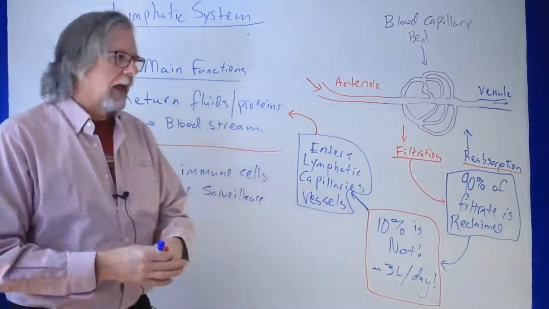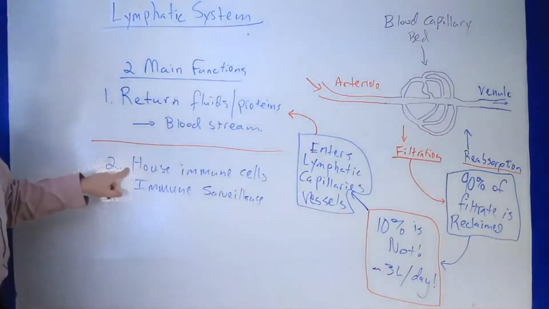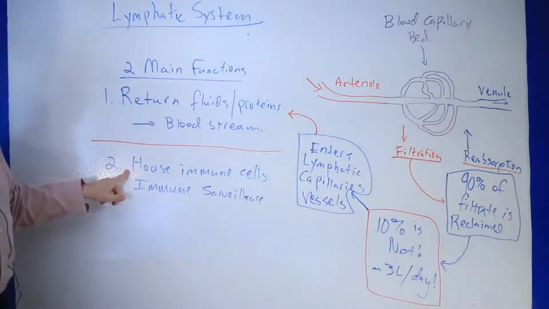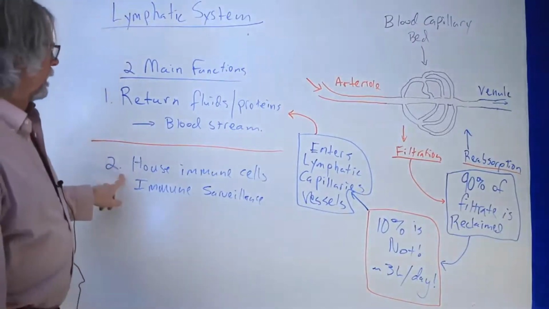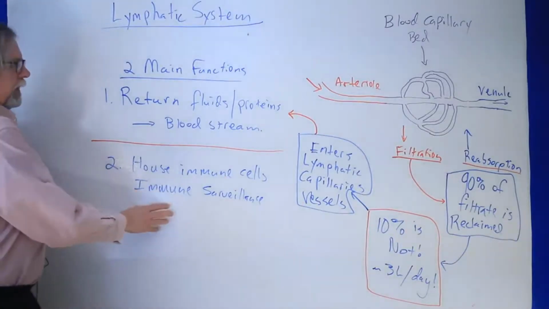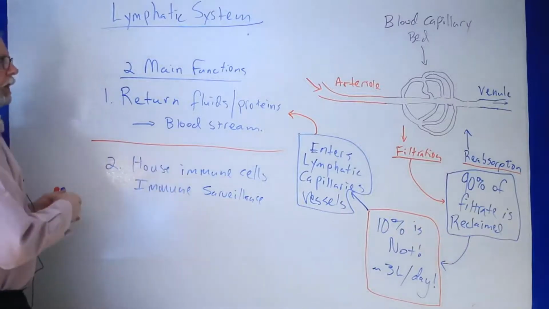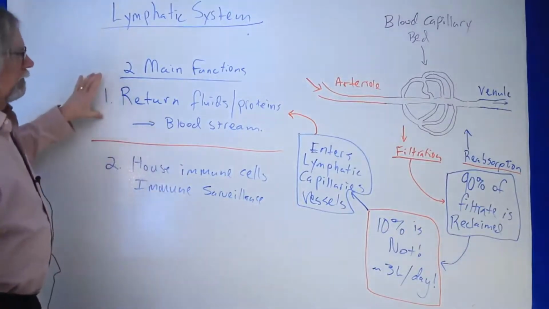And so that main function is immune surveillance by the lymphatic system organs and tissues housing these immune system cells.